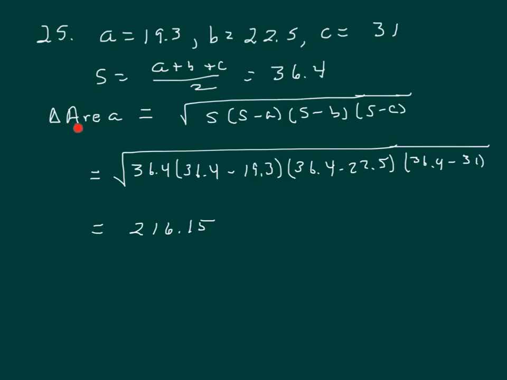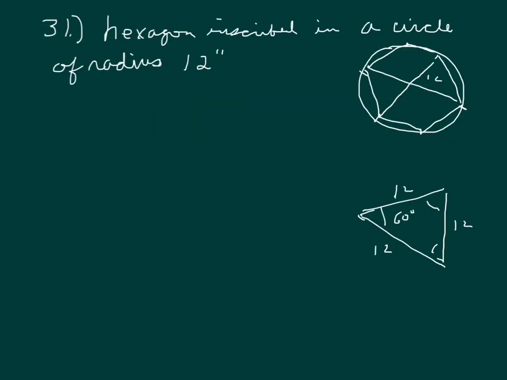In Heron's formula, then, the area of the triangle is the square root of S, the semi-perimeter, times S minus A times S minus B times S minus C. Plugging those numbers in and taking the square root of everything, we get 216.15.